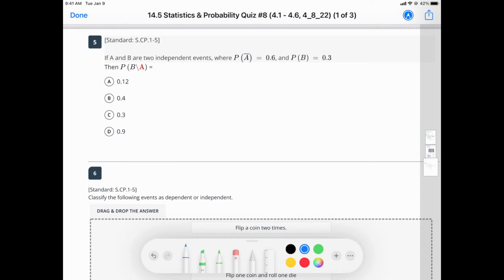Number 5, if A and B are independent events where the probability of not A is equal to 0.6, the probability of B is 0.3, then find the probability of B given A. So this is called conditional probability. And in conditional probability, we need a formula.